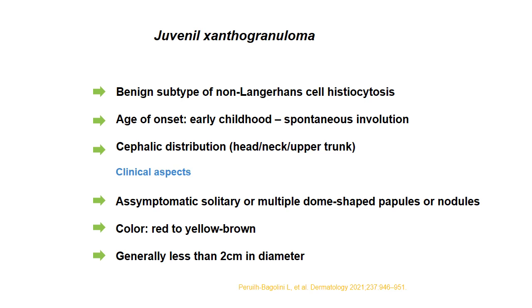Clinically, it might present as asymptomatic, solitary or multiple dome-shaped papules or nodules that may vary in color from red to yellow-brown. Generally, the lesions are less than 2 centimeters in diameter.